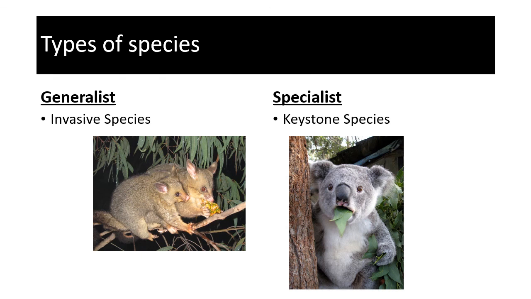Now, why it's not taken over like that in Ukraine is because it has a predator. So why don't we bring a predator from over there to eat the quagga mussels over here? Well, that's a very precarious situation. To talk about that, we need to go to a different example, Hawaii.